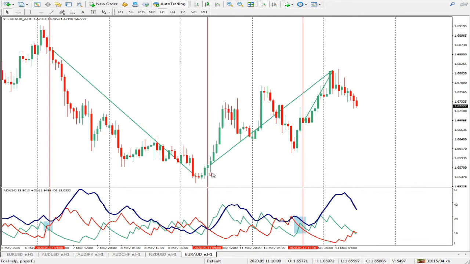From experience, if you find several pairs doing the exact same thing, trade them. Enter that trade correctly, hold on to it, and when they all go in the opposite direction, exit all of them at the same time. Don't wait for the price to reach something or whatever. Just exit all of them at the same time.